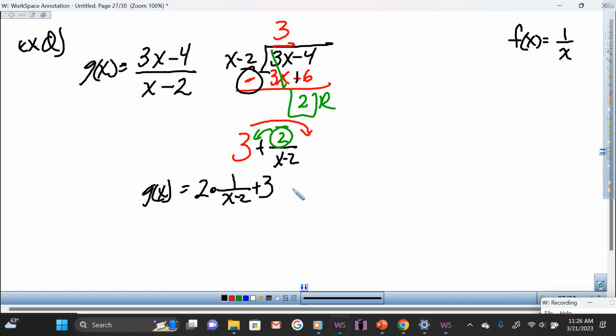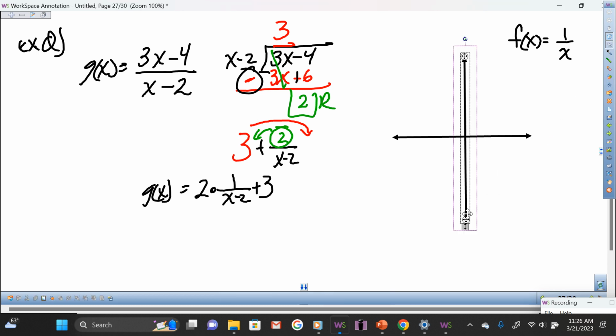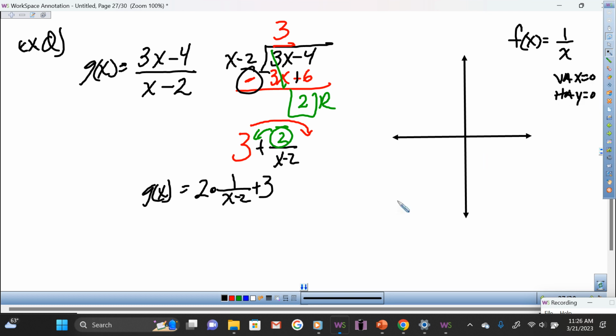All right, so now we can start graphing our parent function. So over here on the side, get your coordinate plane. All right, so our VA is x equals 0, our HA, y equals 0. All right, so let me do that here.